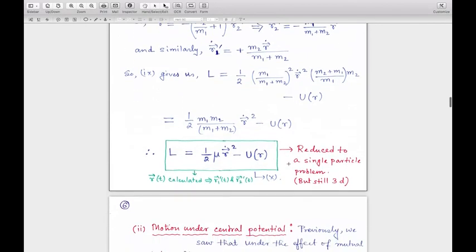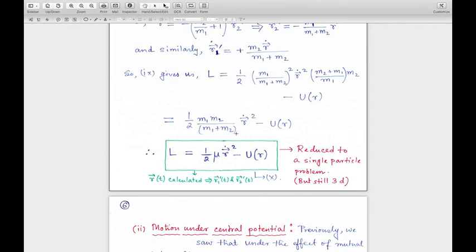So the whole system describes the motion of a representative particle whose mass is equal to mu, which is equal to m1 m2 by (m1 plus m2), and the effective position vector is given by the relative position vector of the two particles.